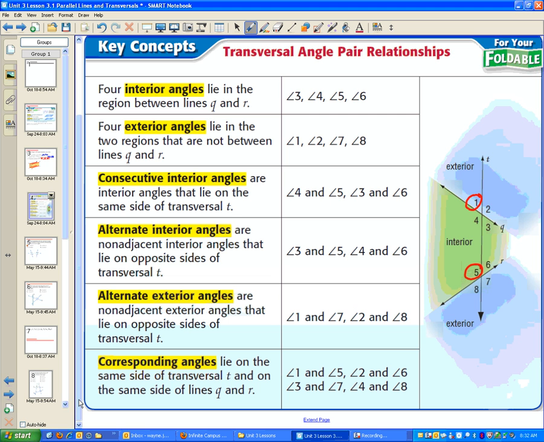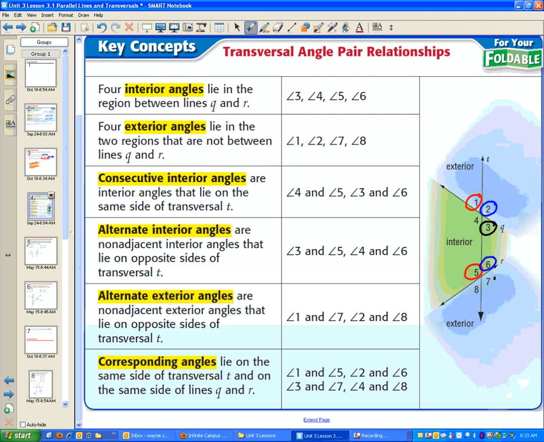All right, let's look at angle 2. It's to the right of the transversal and above line Q. Which angle is to the right of the transversal and above line R? 6. So that's a second pair of corresponding angles. Okay? Notice one's interior, one's exterior. What angle corresponds to angle 3?